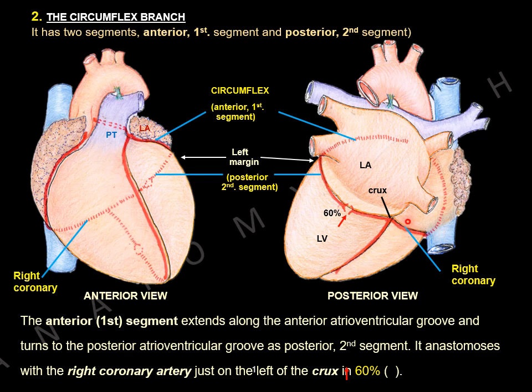The right coronary artery crosses the crux and runs further to the left, and after the crux, this too will anastomose in 60%. That is, the posterior segment, the second segment of the circumflex artery, will anastomose with the right coronary artery just beyond the left of the crux in 60%.